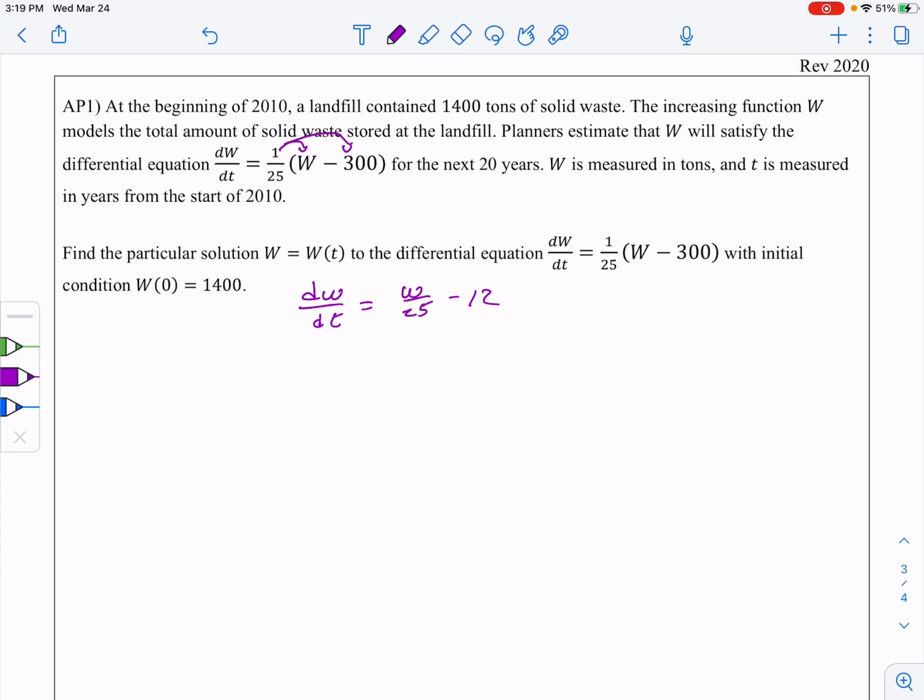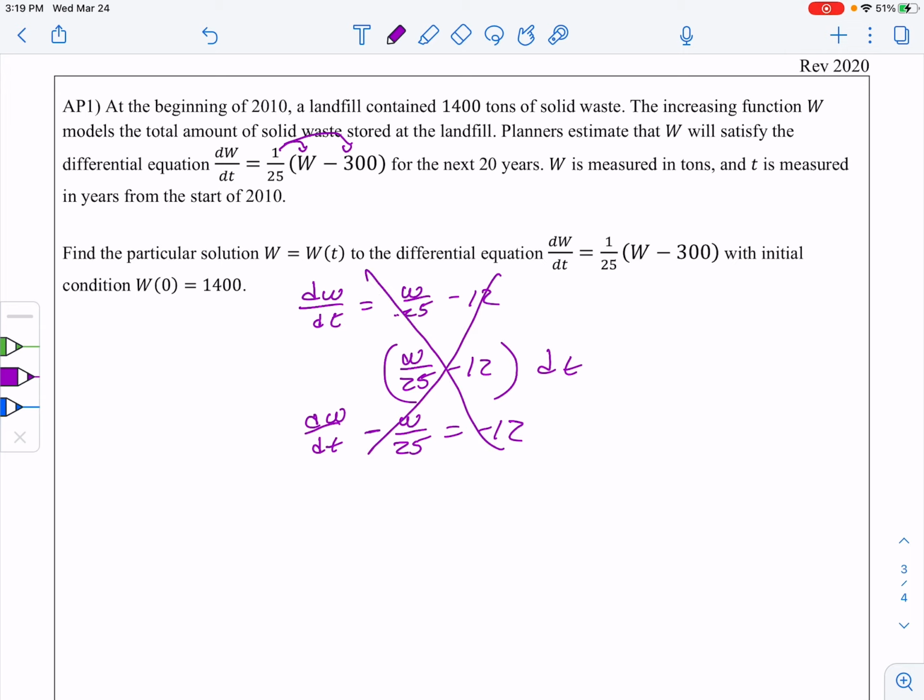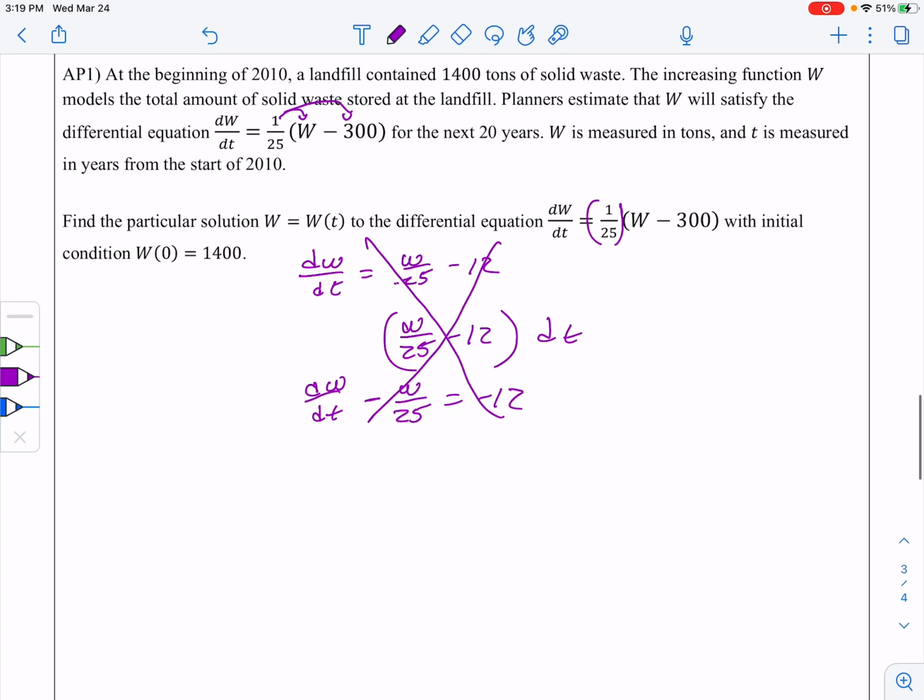And then they add that 12 over here, and you end up with, well, you bring the dt over, so you have W over 25 minus 12 times dt, or they want to subtract this and bring it over there first, so you have dW over dt minus W over 25 equals negative 12, and then you just don't know what to do, because if you multiply by dt, so don't do this, all right? You can't move things when they're added and subtracted. These are products, so it's easy to separate them.